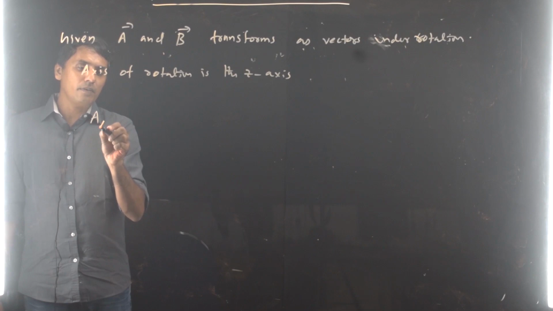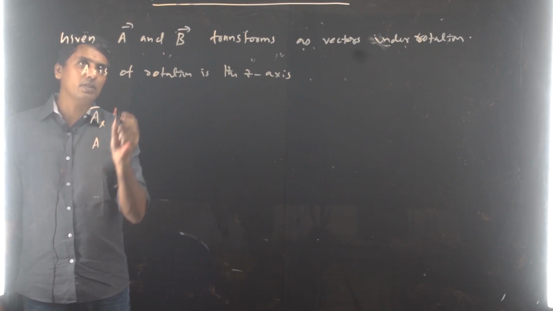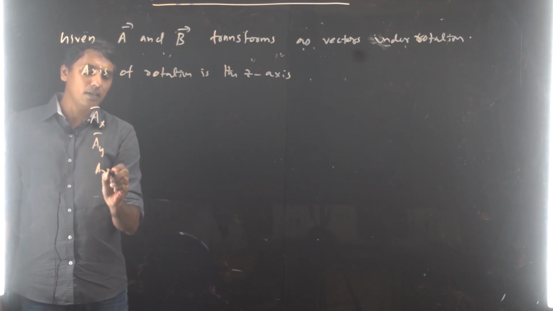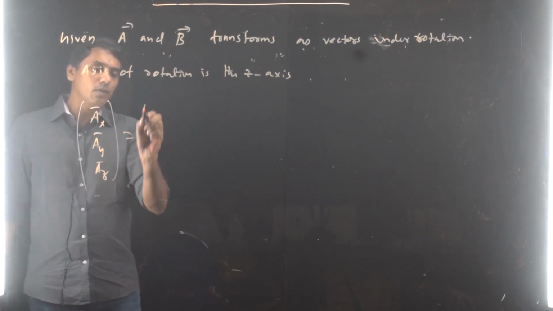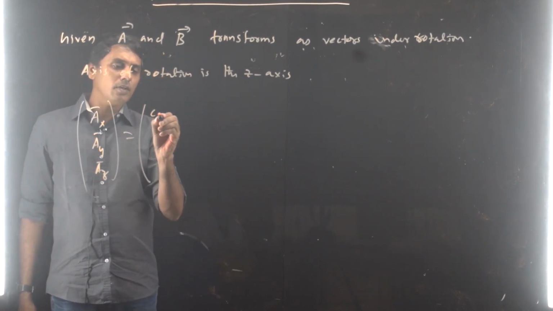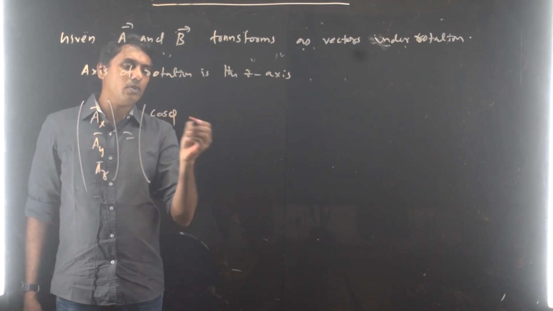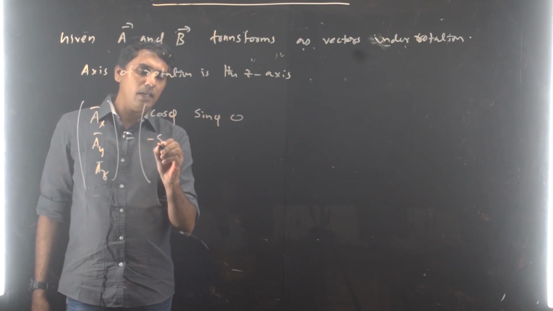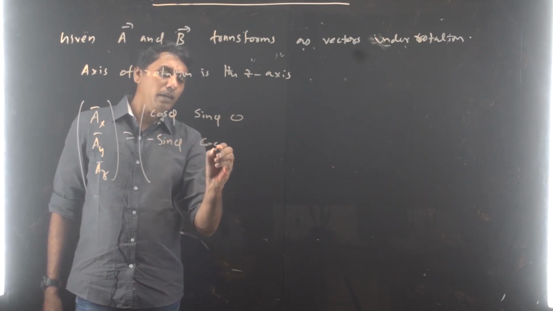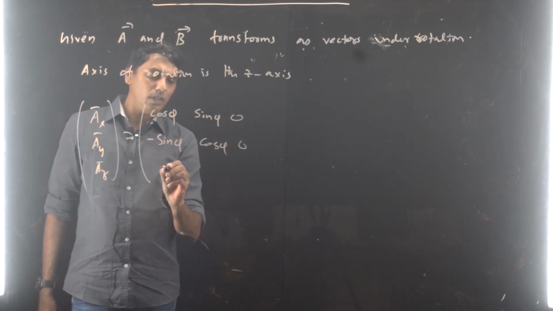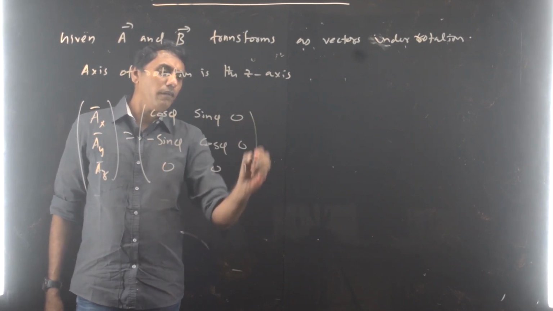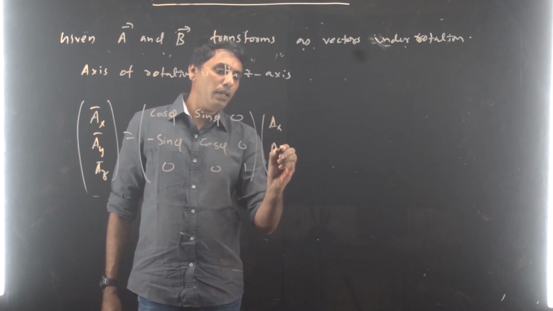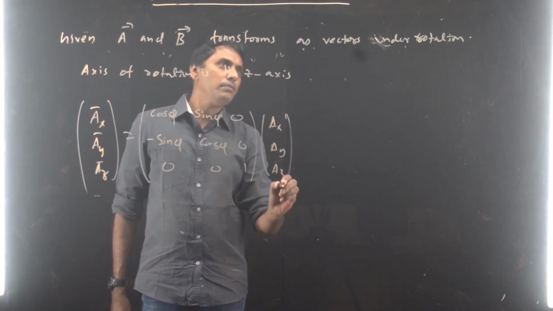because given that A and B are vectors, Ax bar, Ay bar, Az bar is equal to the matrix cos phi, sin phi, 0; minus sin phi, cos phi, 0; 0, 0, 1, times Ax, Ay, Az.